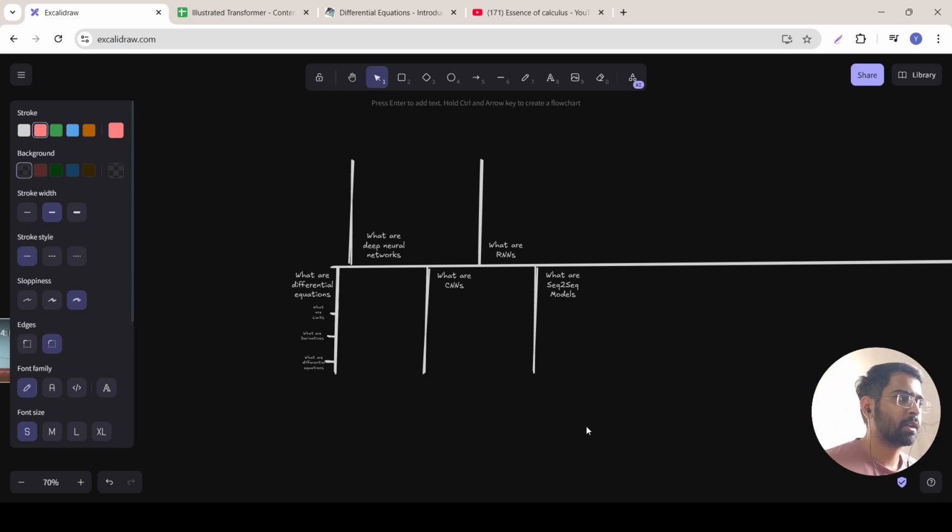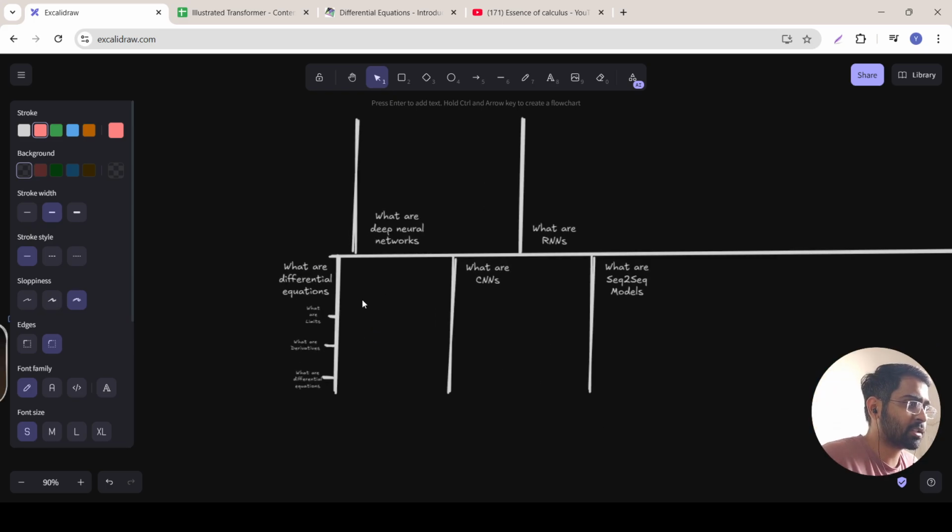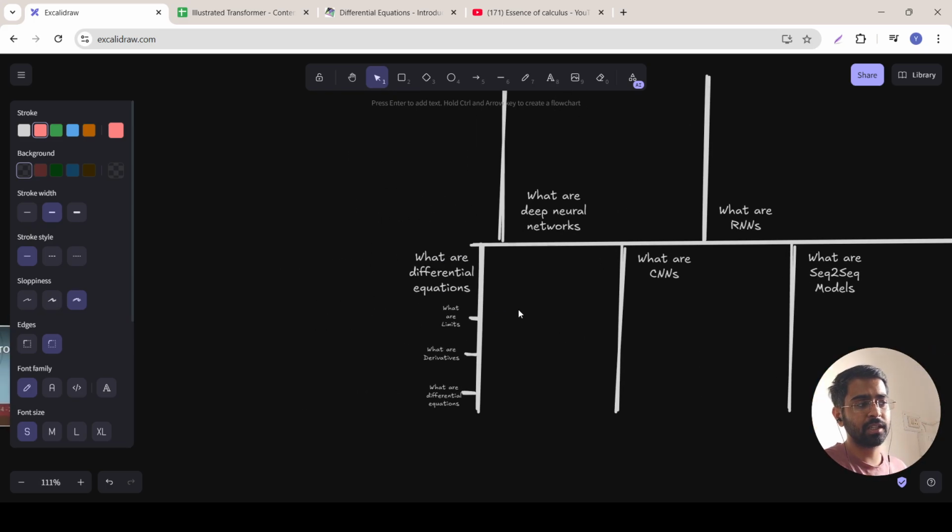Okay, so first of all, the first topic that I feel is necessary is to understand the mathematics, because that's how machine learning and all of this has been generated.